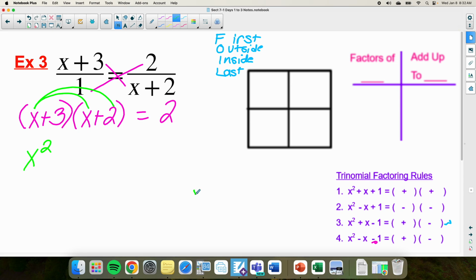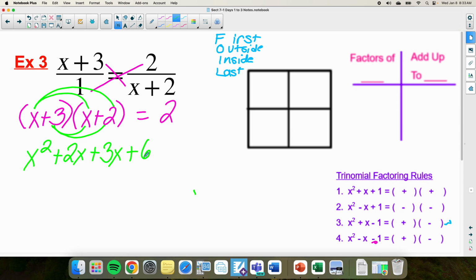X times a positive 2 is going to be plus 2x. Then we have inside, which would be these two. Positive 3 times x is plus 3x. And then L for last are these two. 3 times 2 is going to be 6.